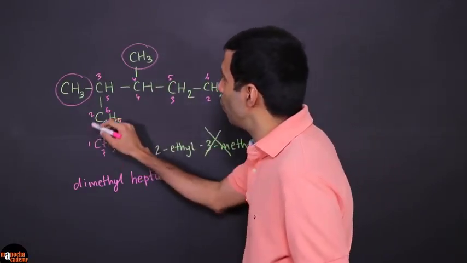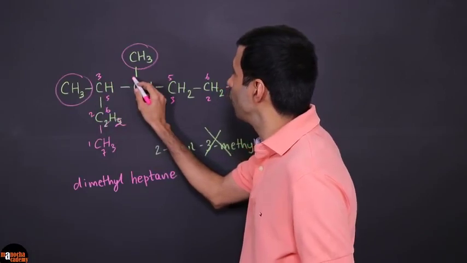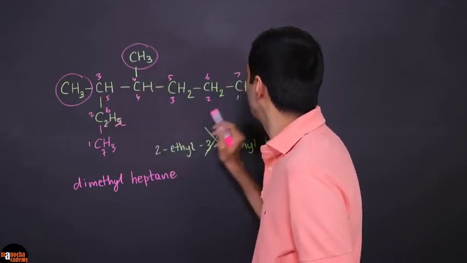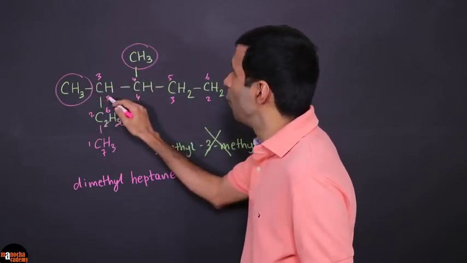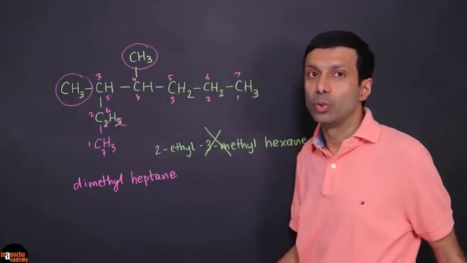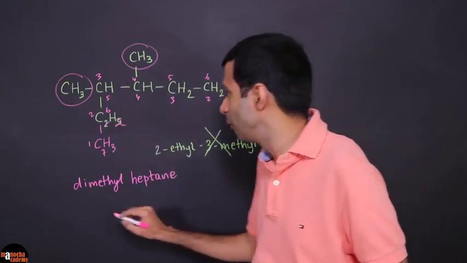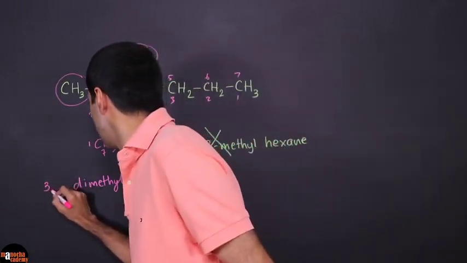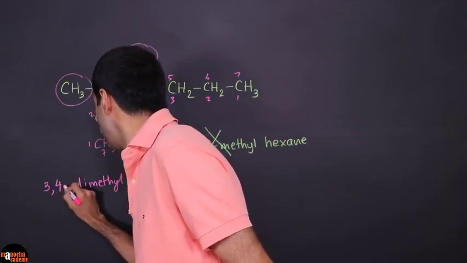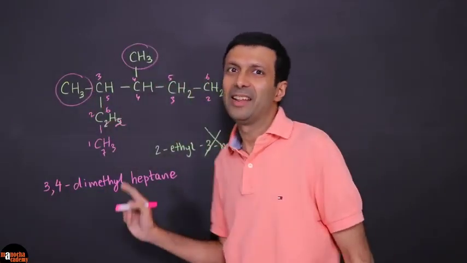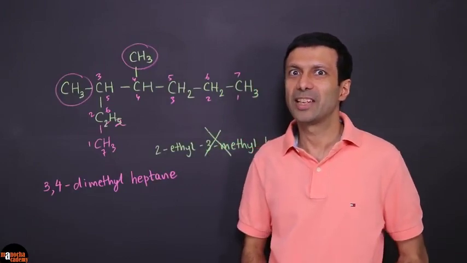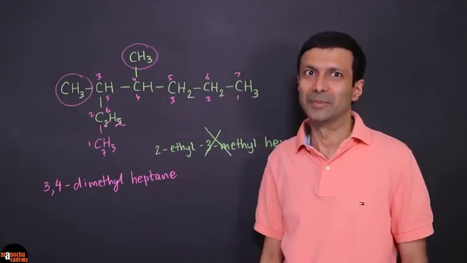It's at position 1, 2, 3 and 4 if we number this way. So 3 and 4 here. And if we go this way, it's at 4 and 5. So again, we'll choose the smallest number, which is 3 and 4. So the name is going to be 3,4-dimethyl heptane. So that's our correct answer here.